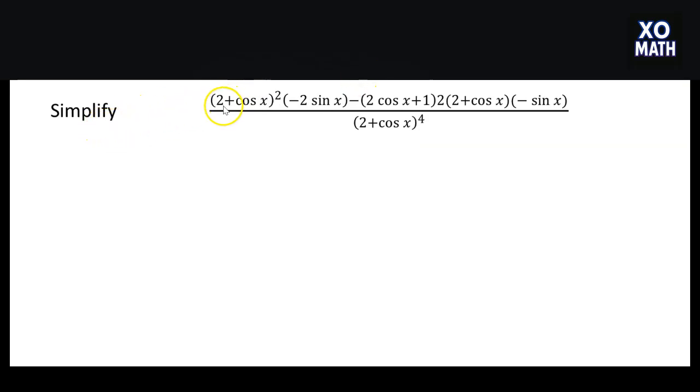Let's simplify the quantity 2 plus cosine x squared times negative 2 sine x, minus the quantity 2 cosine x plus 1 times 2 times the quantity 2 plus cosine x times negative sine x, all over the quantity 2 plus cosine x to the 4th. There is a lot going on, but let's try to recognize that in the numerator there are only two terms.